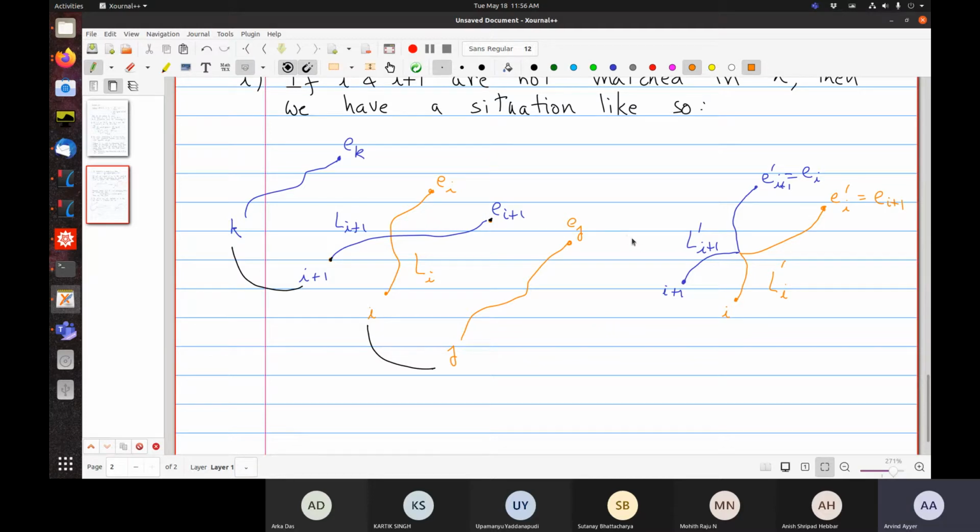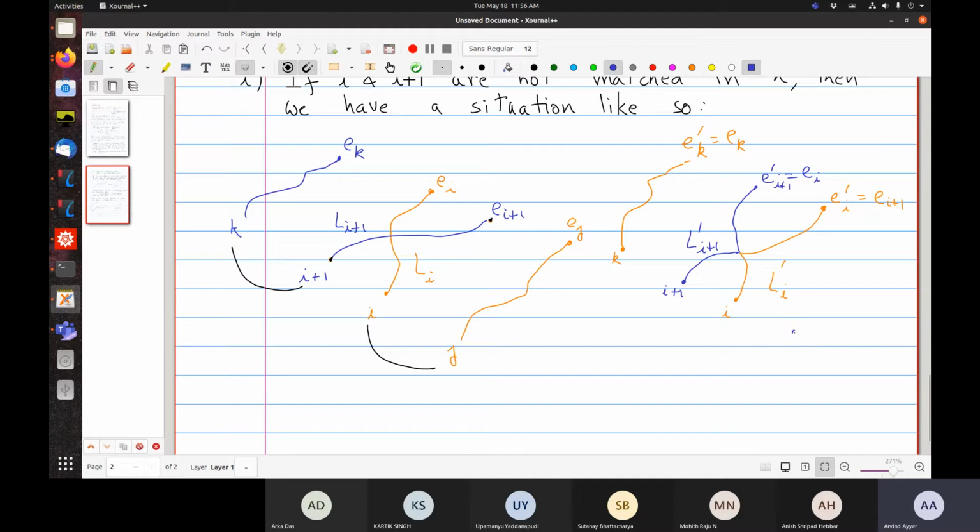Okay, so over here, now you see, I still have k, but k is now matched to I, so I'm using this color. That is E prime k, but that is ek itself because nothing happened to that.